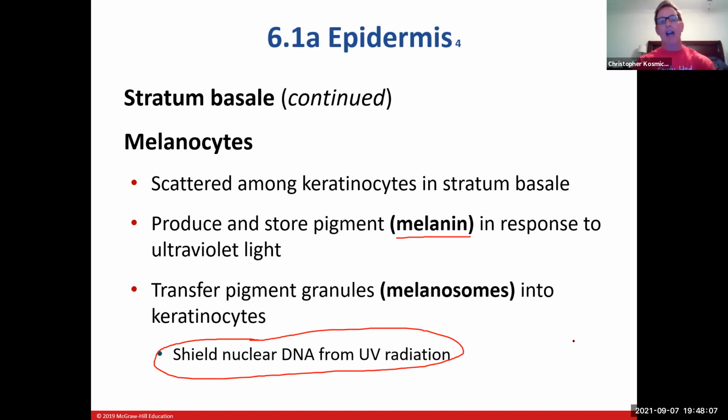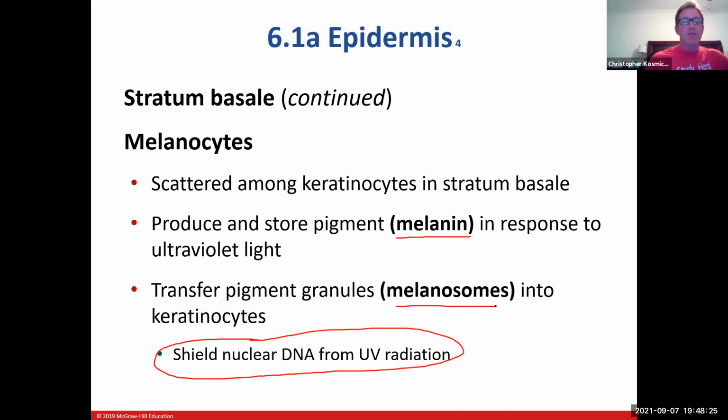And so the actual cellular organelle that makes the melanin, we call those melanosomes. All right, and so they'll transfer the melanin to other cells in the area, mainly the keratinocytes.